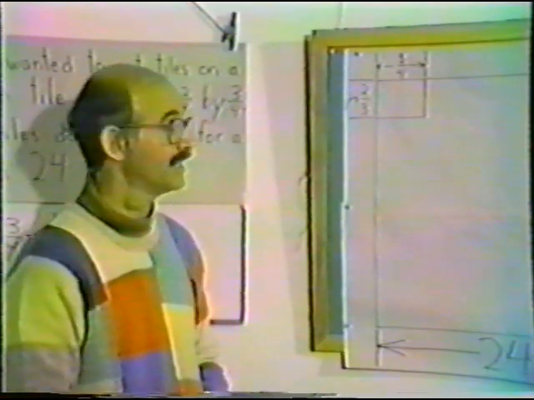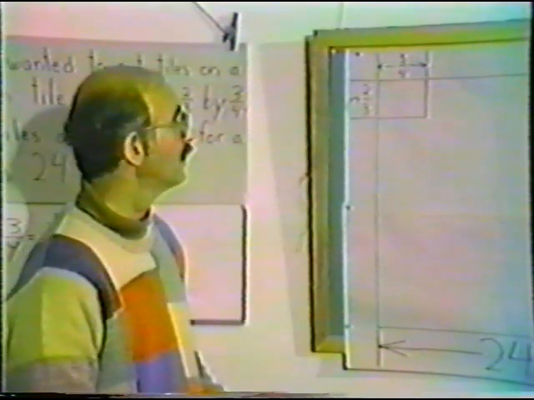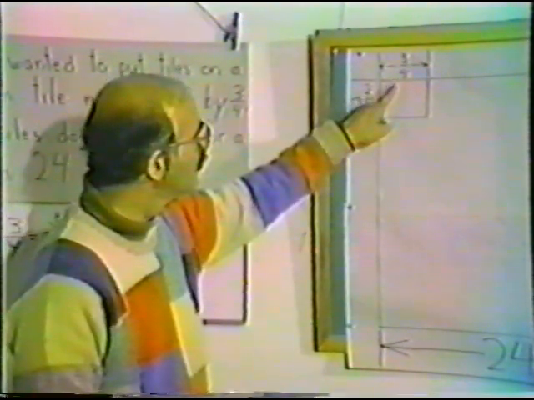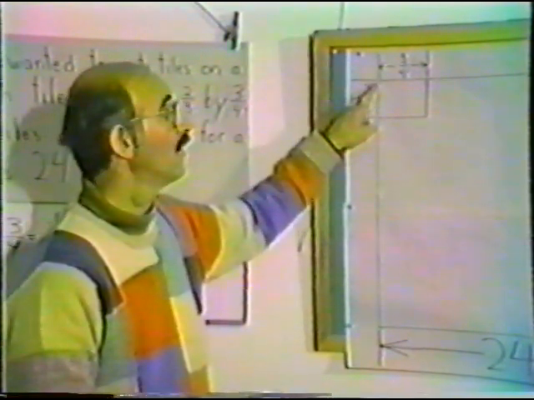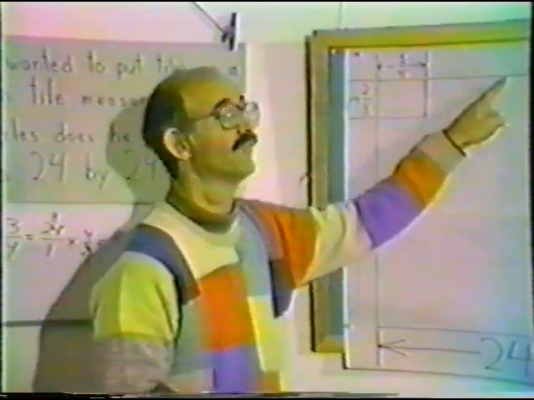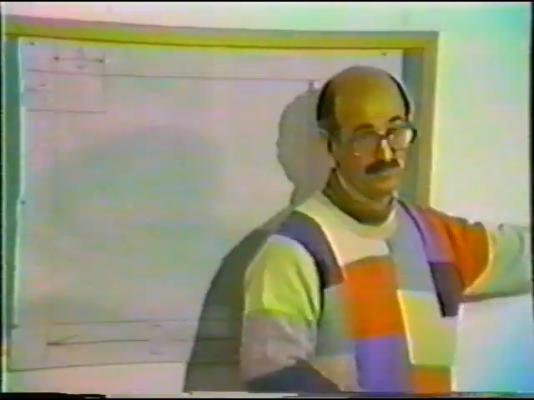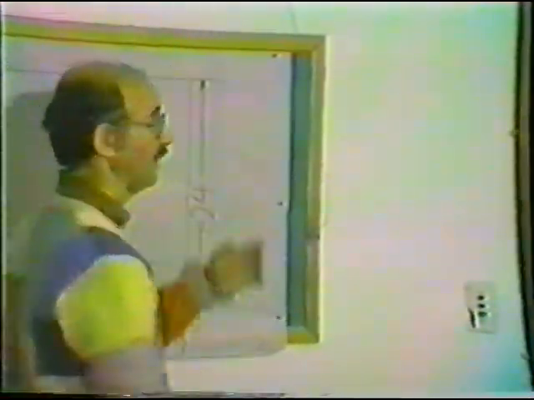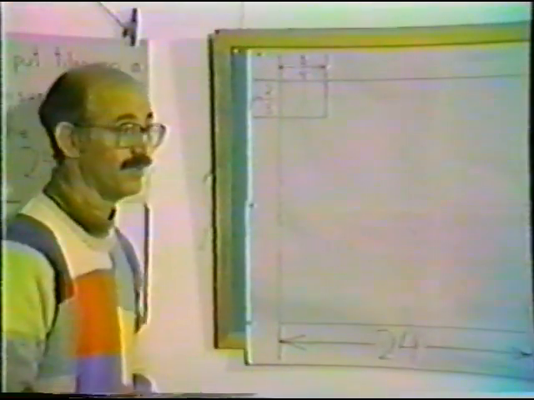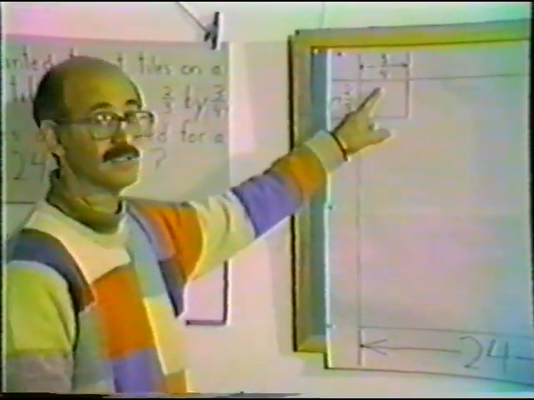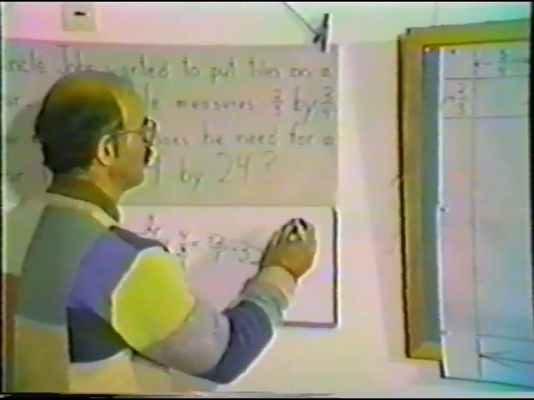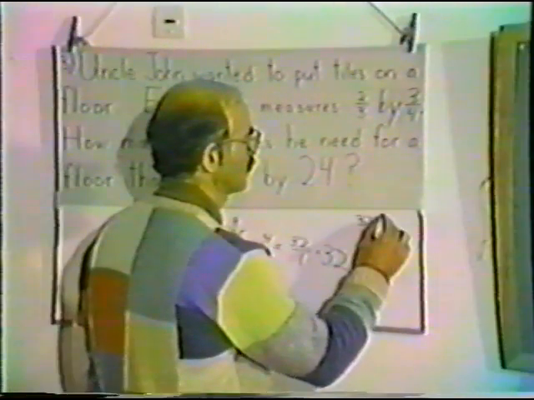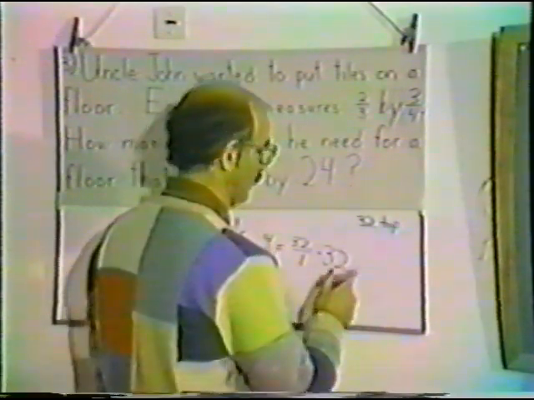If I made it exact scale, either I would have a very, very tiny little tile that you could hardly see, or I'd have a very, very big room, a very big square. So you'll have to bear with me. But if this distance is 3/4, we can fit 32 of them across the top.